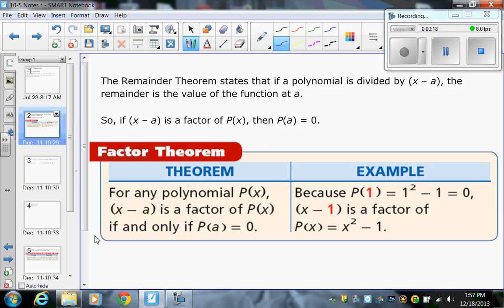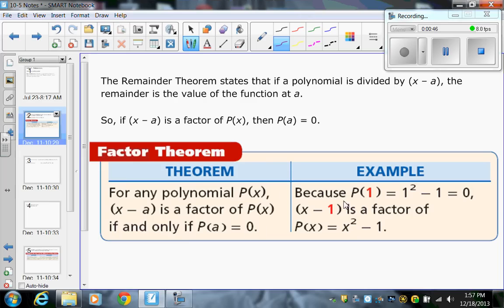The remainder theorem states that if a polynomial is divided by x minus a, the remainder is the value of the function at a. So if x minus a is a factor of p of x, then p of a has to equal 0. Reading the theorem for any polynomial p of x, x minus a is a factor of p of x if and only if the value at a is 0.